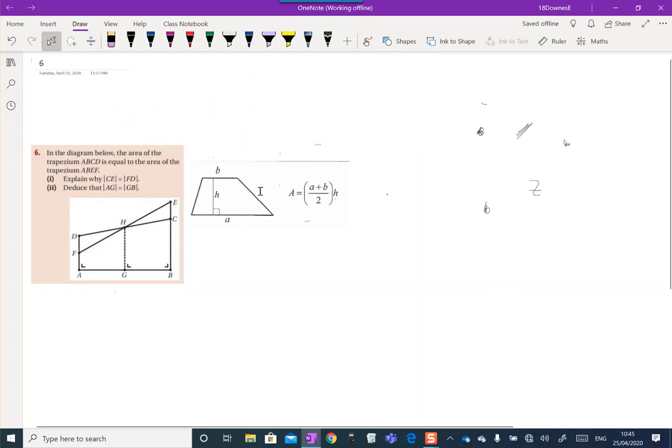Okay. So then, there are two prerequisite mindsets and skills you need regarding the area of a trapezium. First, it's very important that you know where it comes from.